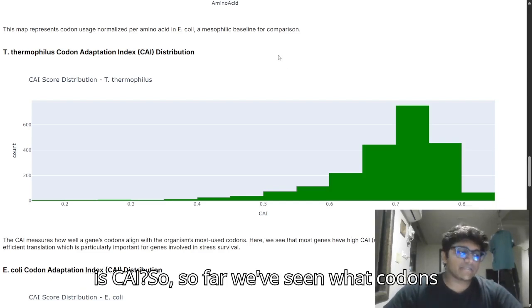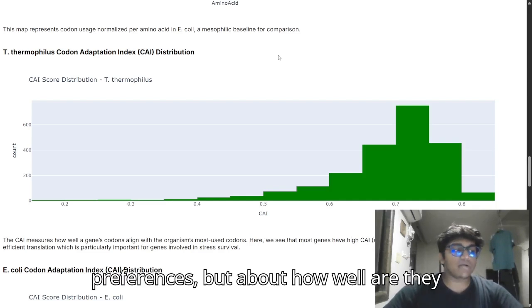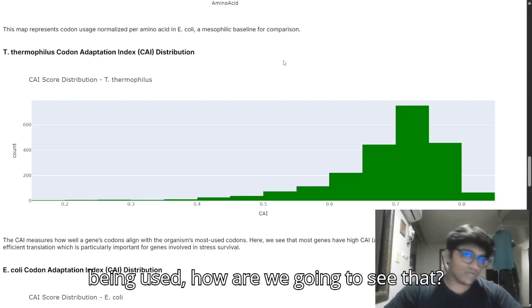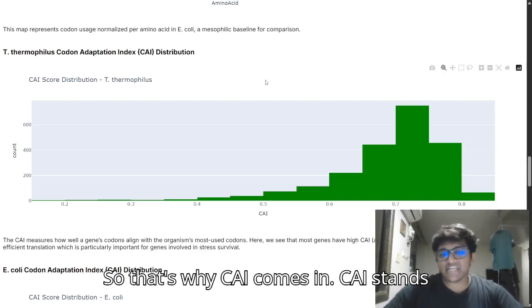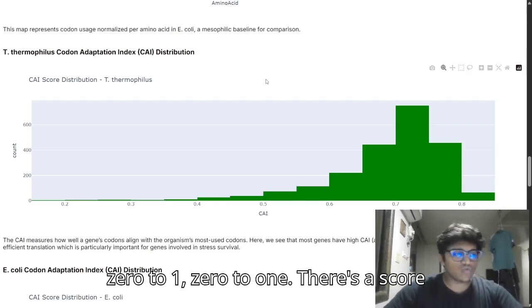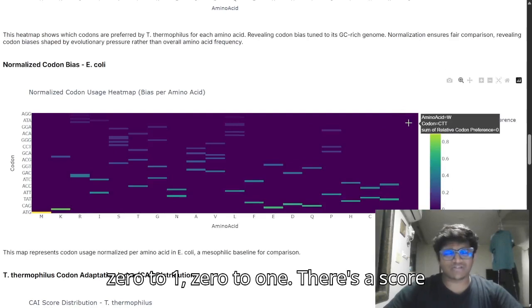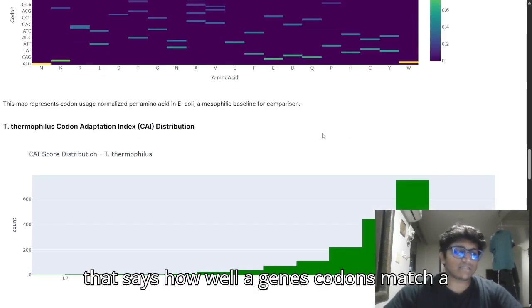So what is CAI? So far we've seen which codons are being used and the preferences, but how well are they being used? How are we going to see that? That's why CAI comes in. CAI stands for Codon Adaptation Index. It's a score between 0 and 1 that says how well a gene's codons match the favorite ones.